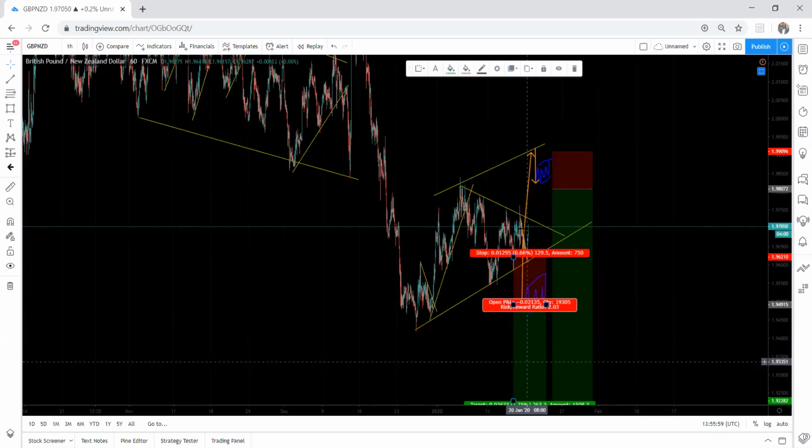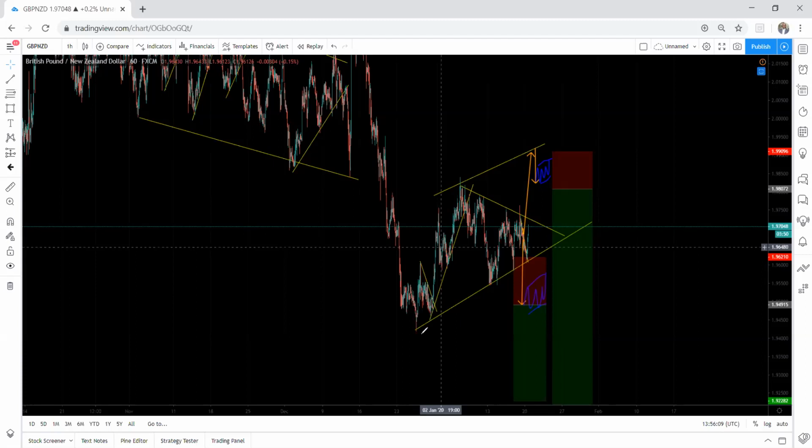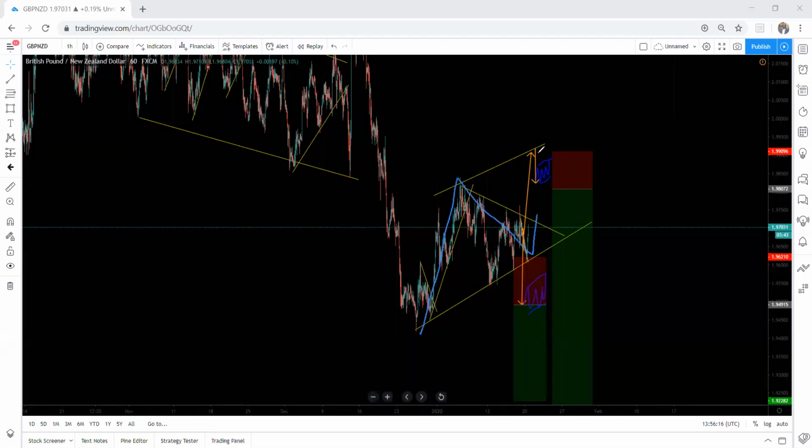But I was so certain, so sure that this market will have to move to the upside and complete this structure, complete this three-wave pattern this way. When it gets here, we now look for a sell setup where we put a sell stop here.